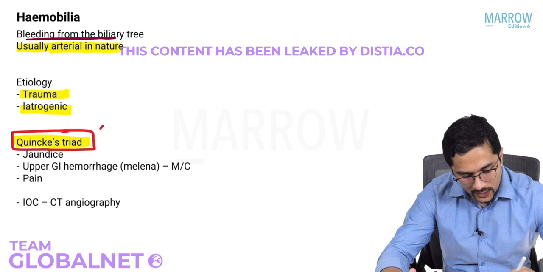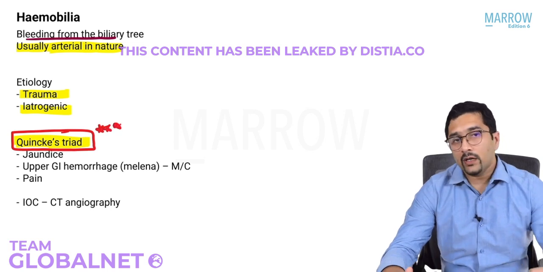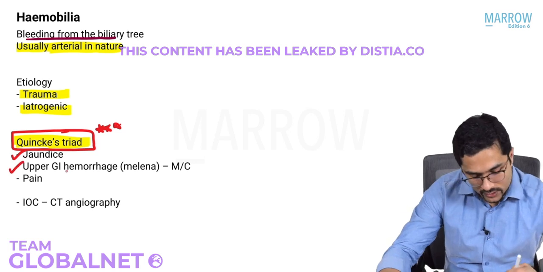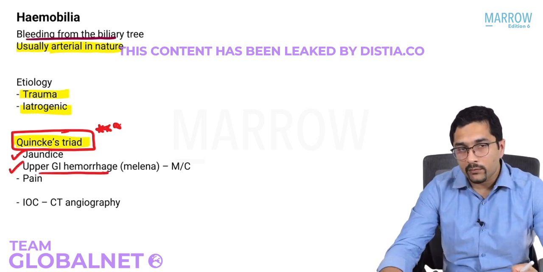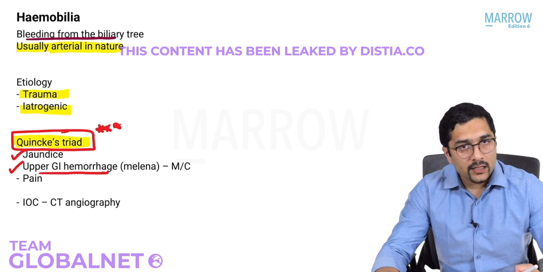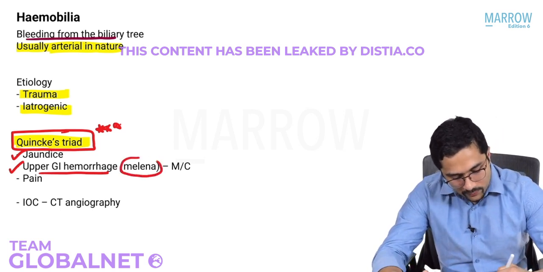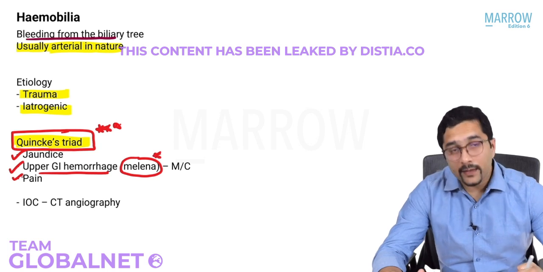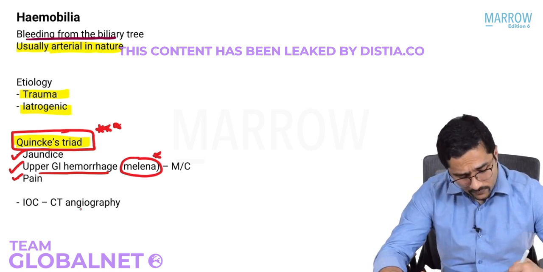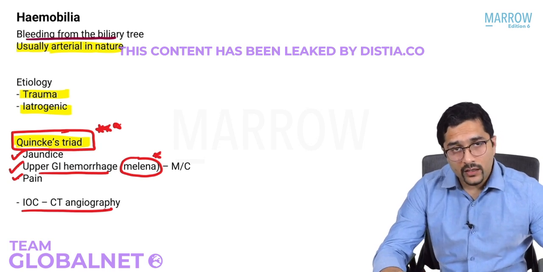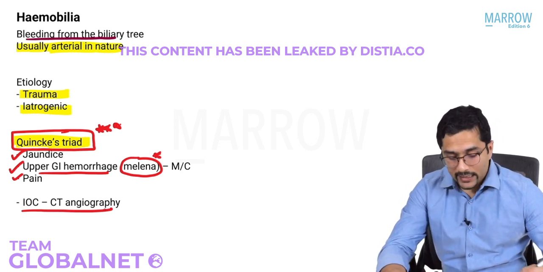Quincke's triad has been asked many times in the exam. Quincke's triad is jaundice, upper GI hemorrhage, which is the most common presenting symptom and presents as melena. Melena, you know, is black or tarry stools. So this is the most common presentation, and pain is there. The investigation of choice is CT angiography.